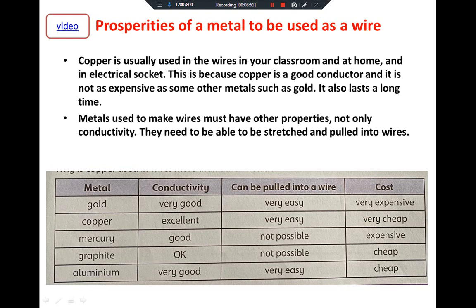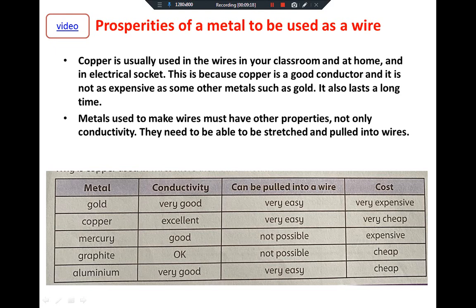The properties of that type of metal in order to be used as a wire for electrical current to pass through. We need to know about the property of that particular material that we are using to send electrical currents. Copper is usually used in the wires in your classroom and at home, and in electrical sockets.